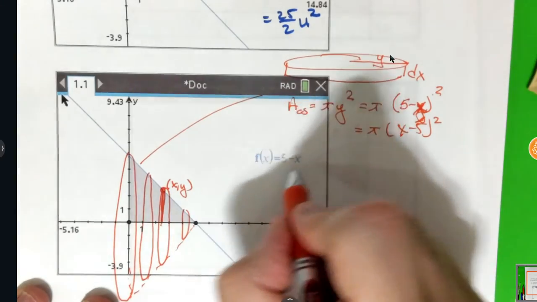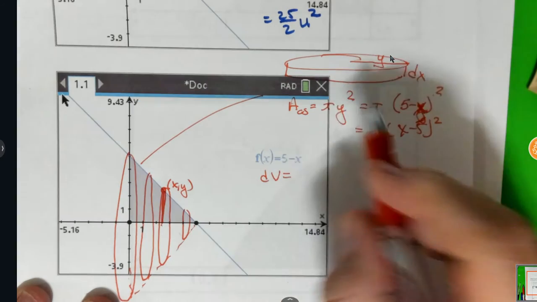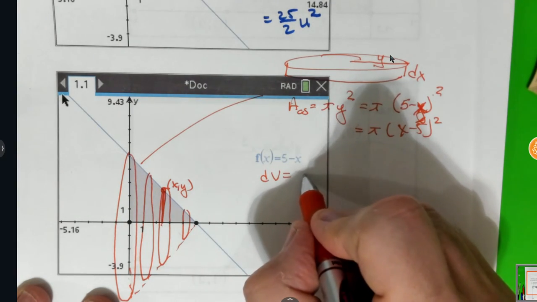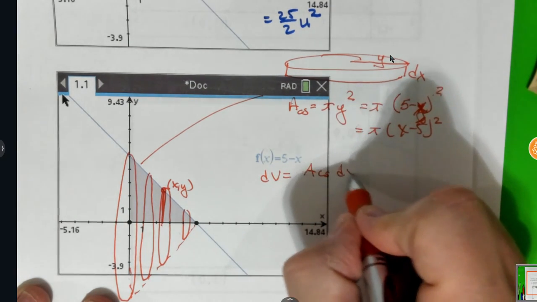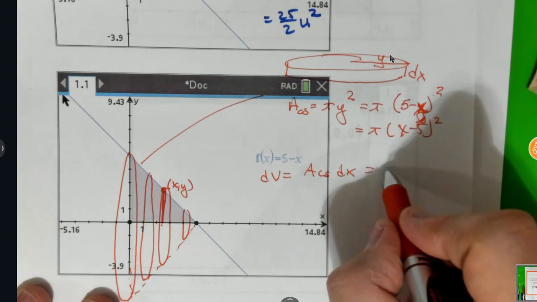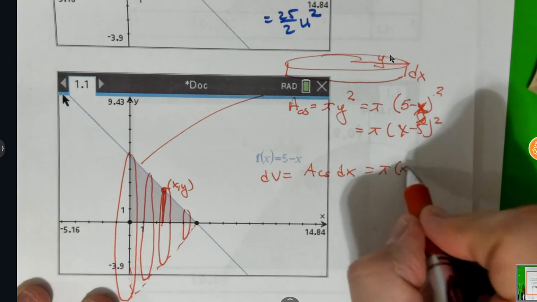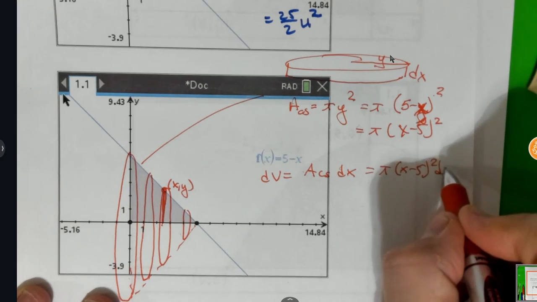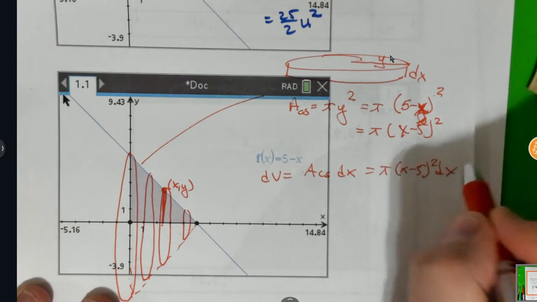Okay, so the slice is the area of the cross section times its height. That's the volume of the slice.